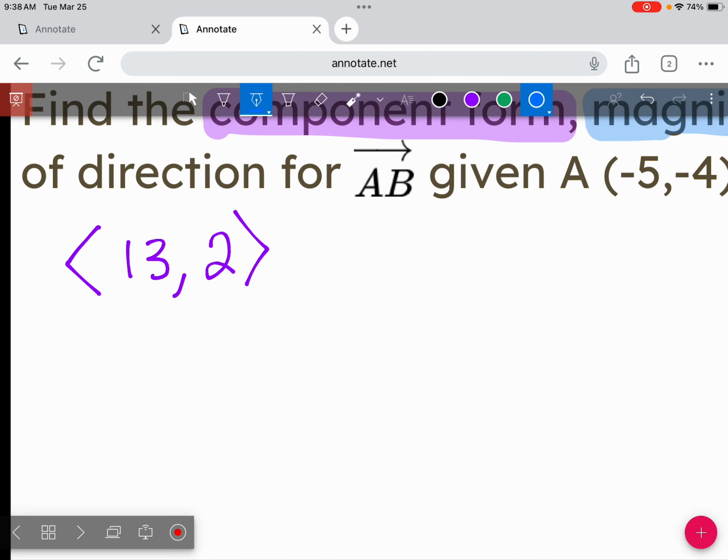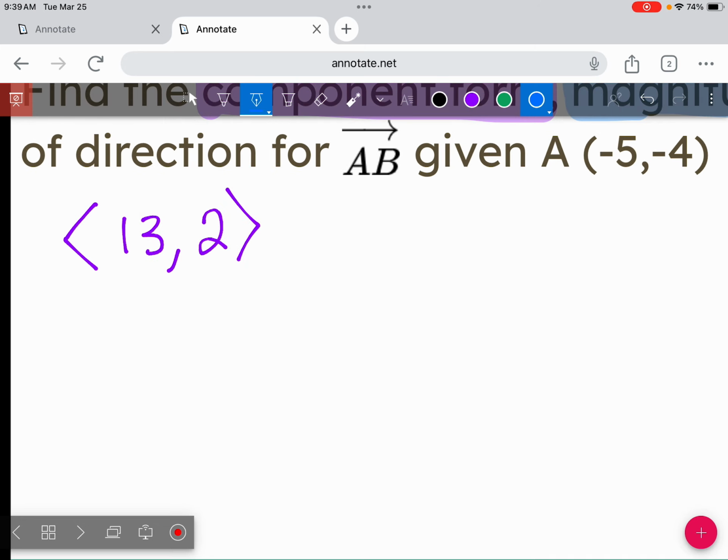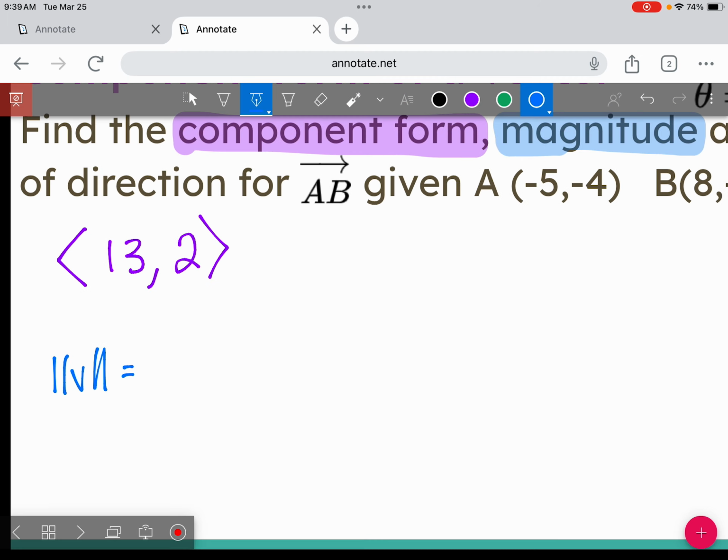Okay, so 13 squared is 169, plus 4 remember, so our magnitude, wait, so they switch? So 13 times 13 is 169, and then 14 times 14 is 196. Root 173.